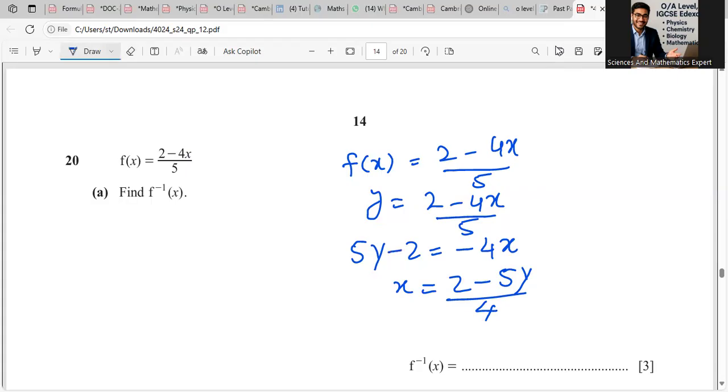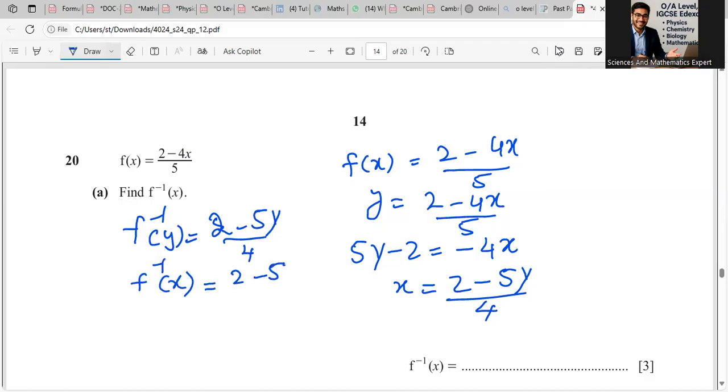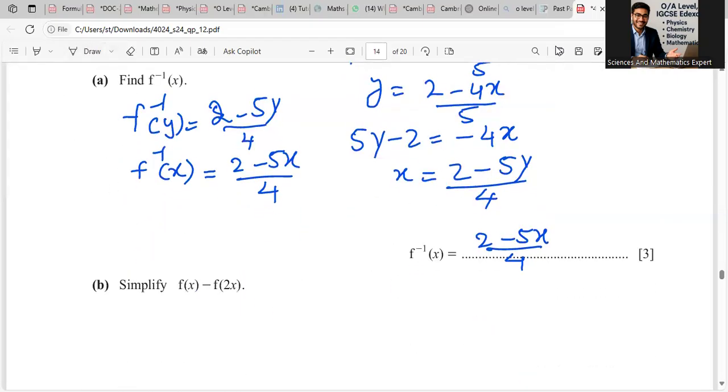Minus 2 over there, and now x is equal to f inverse of y, which is equal to 2 minus 5y over 4. So f inverse of x, just replace the y with x, so 2 minus 5x over 4 can be taken into account.